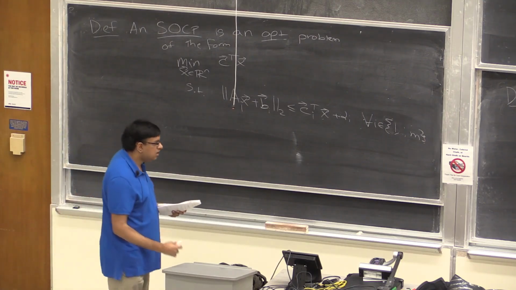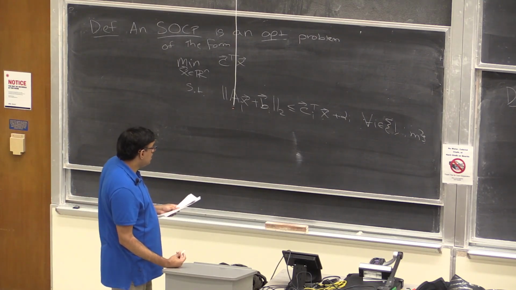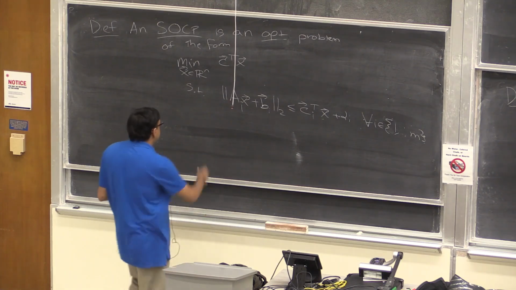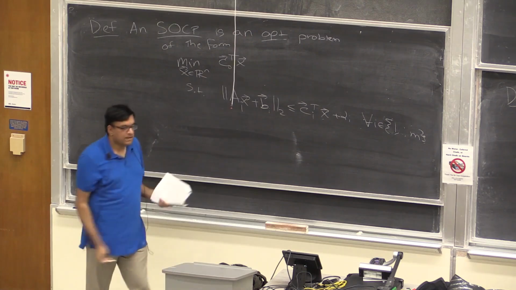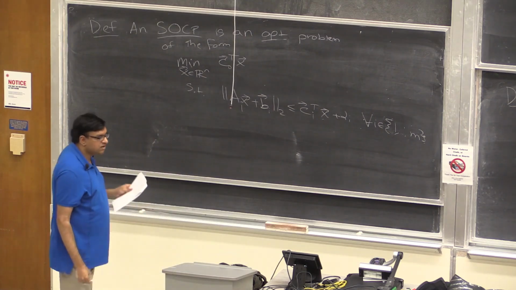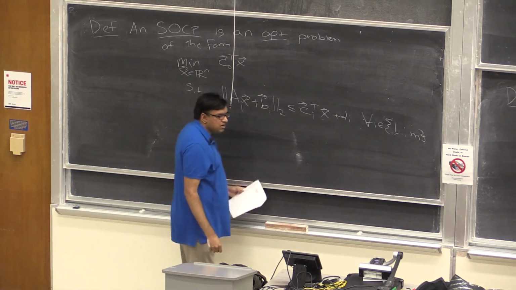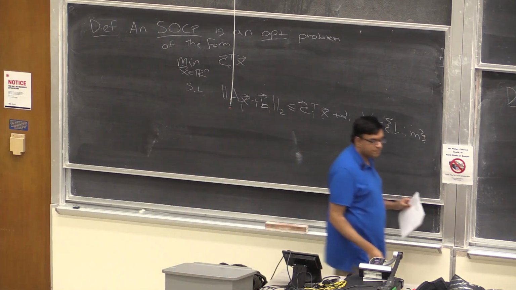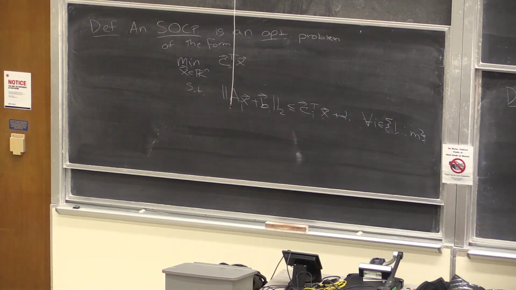Wait, did you say that the c_i and the c in the objective function are two different things? Yes. Maybe we could say this one is c_0, and then the rest are c_i from 1 through m.